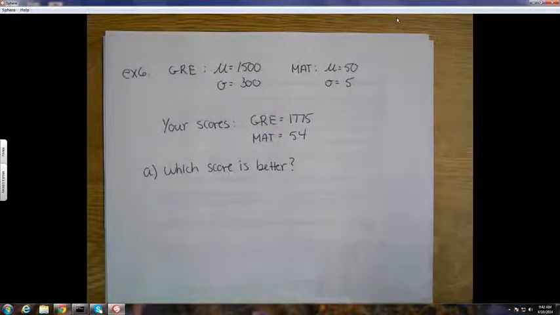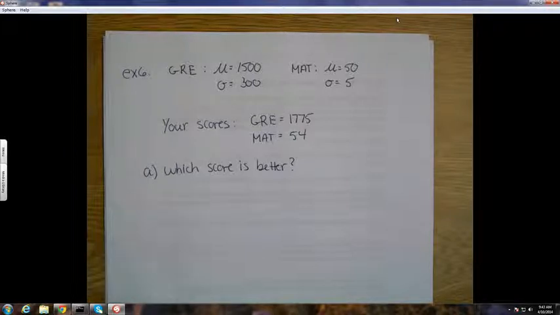What are we going to have to do to compare these? Because I can't compare them directly, the 17 and 50, that doesn't make any sense. You're going to compare their z-scores, because if you turn everything into z-scores, that tells you how many standard deviations above that particular mean you are, the farther out on the normal curve, because they're both normally distributed.